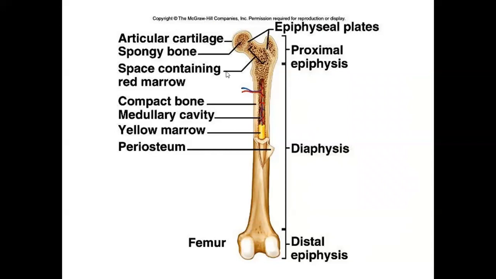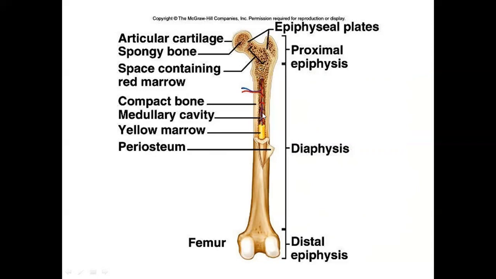This is another important diagram where you can see the overall structure, which I have already discussed. The inner part of the long bone contains red bone marrow and yellow bone marrow. At the end of the epiphyseal plate, which is connected with other bones, there is space containing spongy bone.